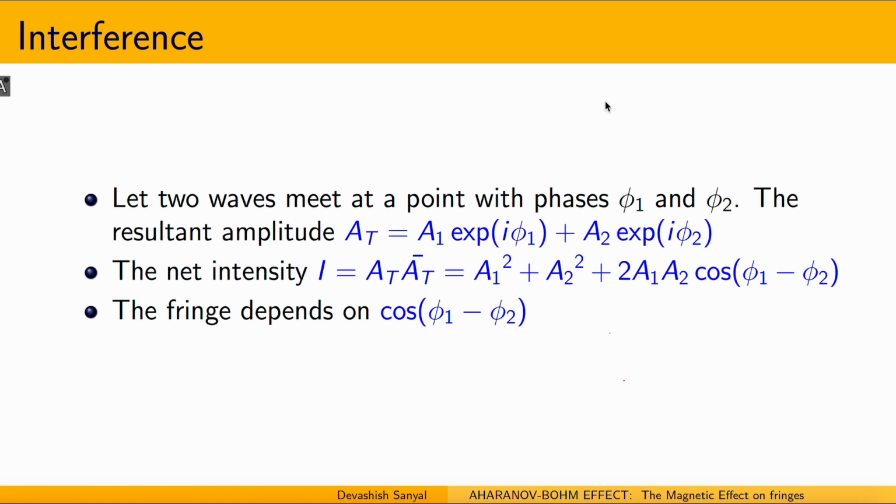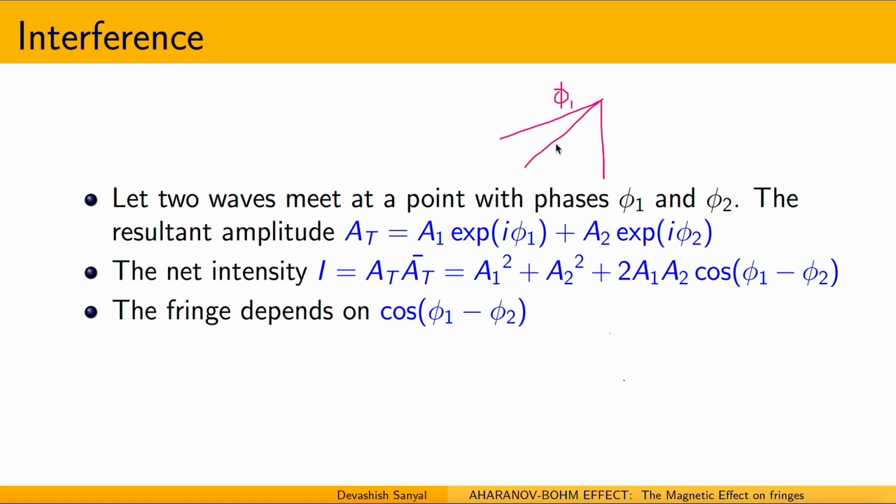So what is the picture? Picture is like this. So we have a screen. There is some wave coming. This is wave number 1 and this is wave number 2. When this one reaches here, it has a phase of phi 1.